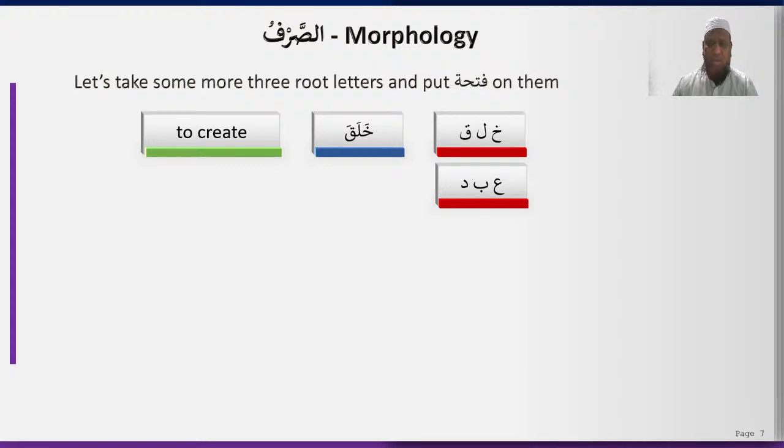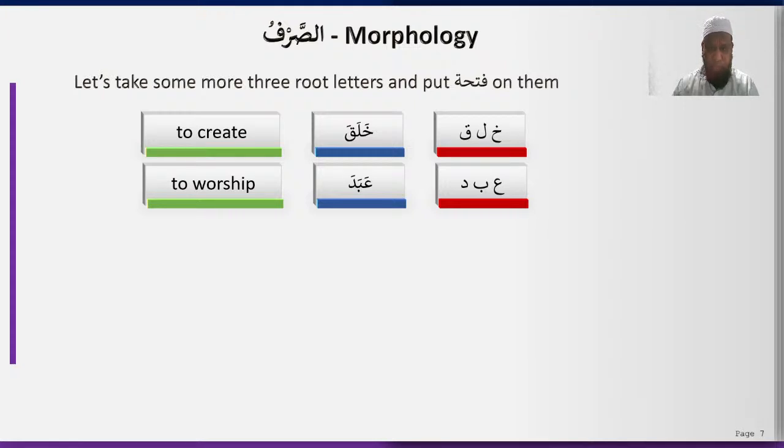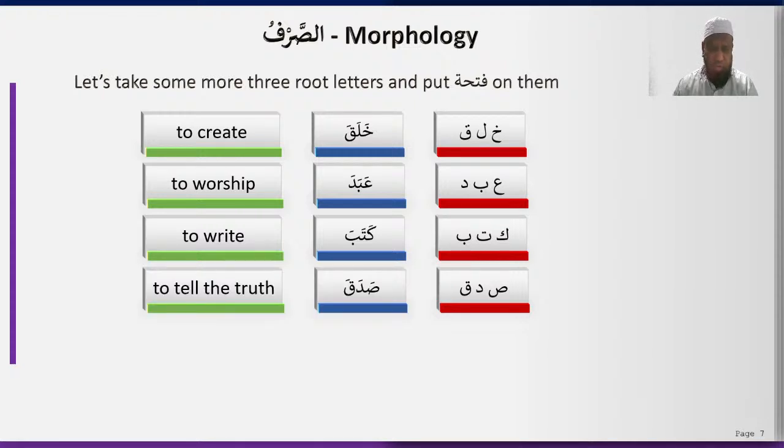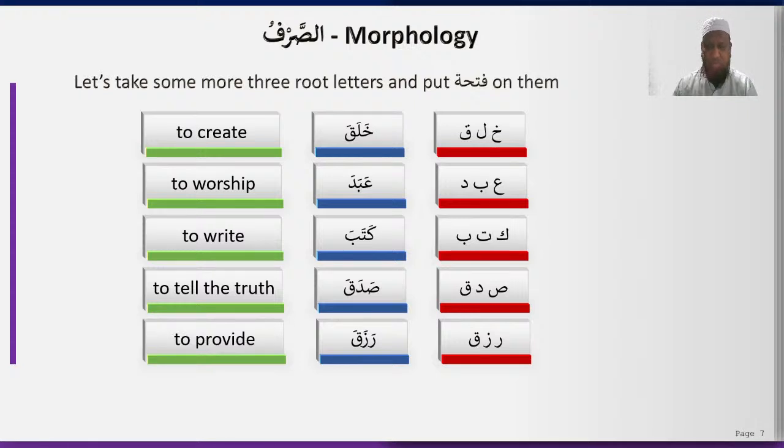Ayn, ba, dal becomes abada, to worship. Kaf, ta, ba, kataba, to write. Swad, dal, qaf becomes sadaqa, to tell the truth. Then ra, za, qaf, razaqa, to provide.